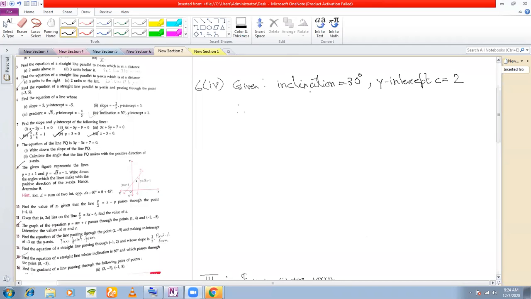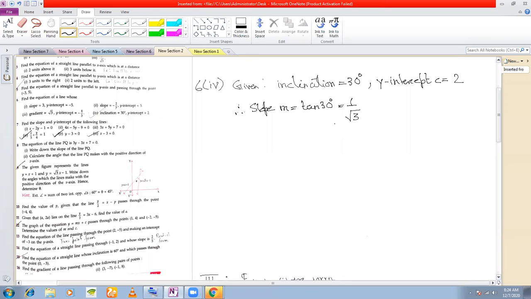But what is it? We call it the slope or gradient. Slope m is equal to tan 30, which is 1 by root 3. This 1 by root 3 is called the slope of the straight line.